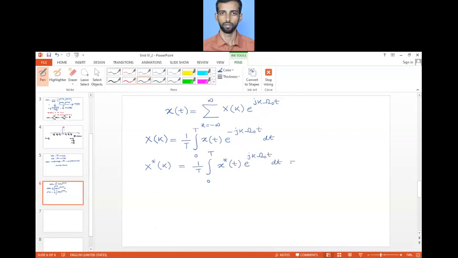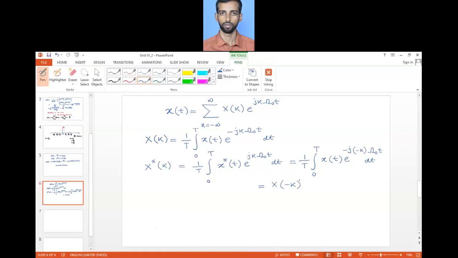Now since the signal x t itself is real, I can simply write 1 by T integration over 0 to T, x star t will be x t, and there you have e to the power minus j multiplied with minus k, then omega naught t dt. And this is nothing but x of minus k.